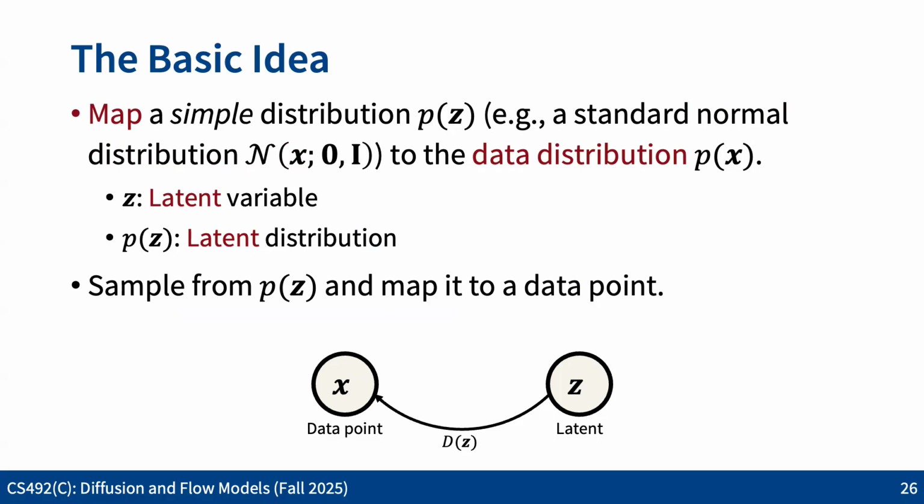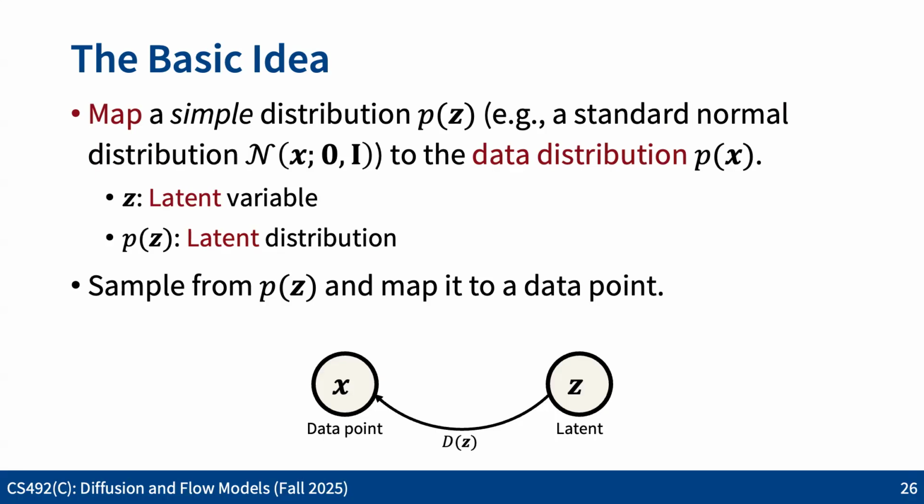We don't have information about the data distribution, but we consider finding a mapping from a simple distribution, typically the standard normal distribution, because we know how to sample from it, right? Then we map the whole distribution into the unknown data distribution. That's what GANs, VAEs, diffusion and flow models are all about: finding this mapping from a simple distribution to the data distribution.